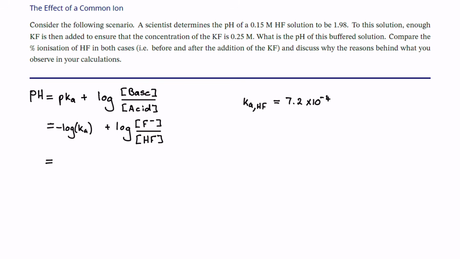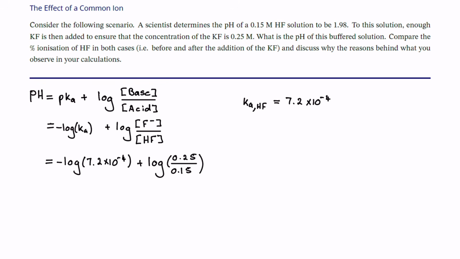So I take the negative log of 7.2 times 10 to the negative 4, plus log of 0.25 divided by 0.15, because the F minus concentration is equal to the KF concentration, and the acid concentration is equal to the HF concentration.